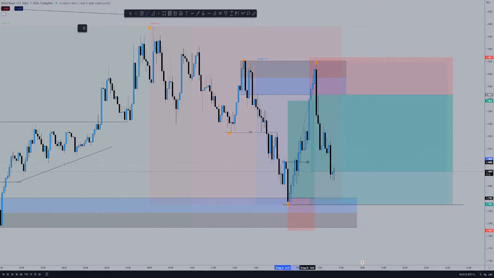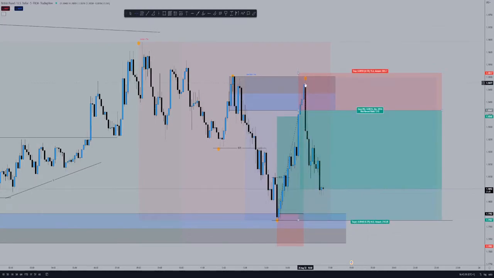We had a breaker structure here, so we had a breaker structure there. Price continues up into the supply.